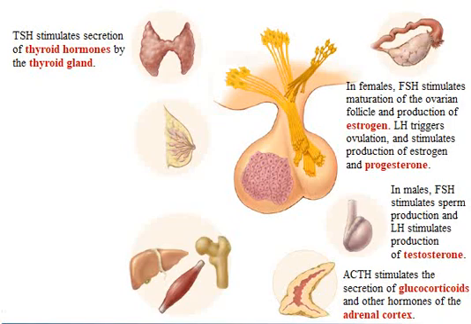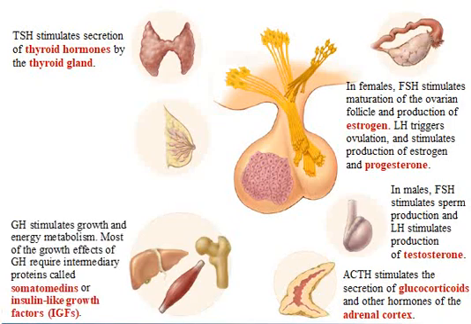In addition to their individual effects, these 4 tropic hormones, thyrotropin, the gonadotropins, and corticotropin, help maintain size of their target glands. Growth hormone stimulates growth and energy metabolism. Most of the growth effects of growth hormone require intermediary proteins called somatomedins, or insulin-like growth factors.